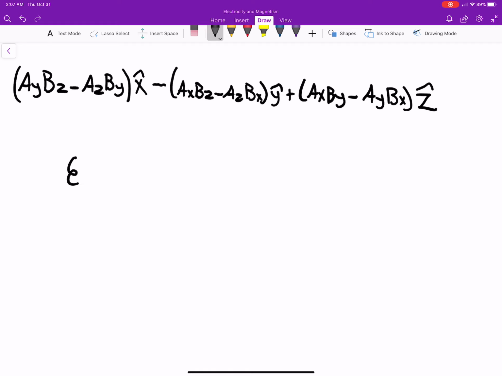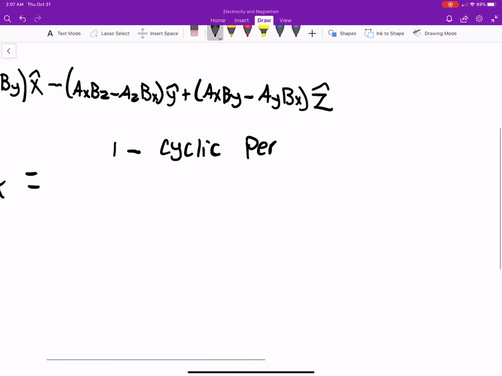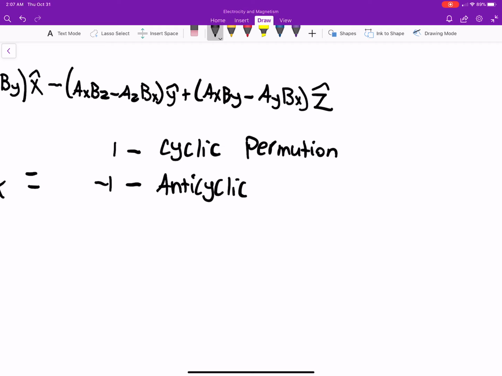It's a little epsilon with these indices, equal to 1 if we have a cyclic permutation, -1 if it's anti-cyclic, and 0 for all else.